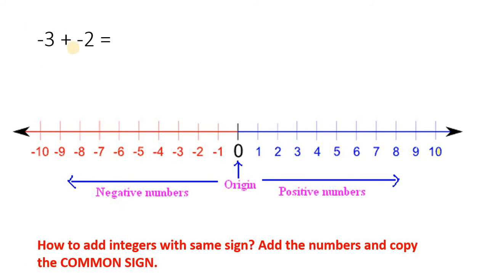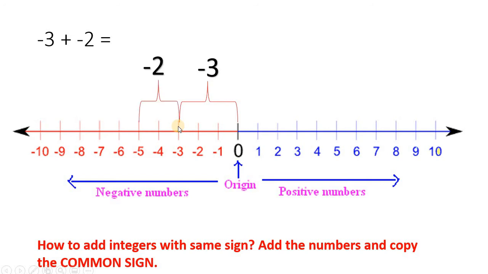Next, how about negative 3 plus negative 2? Again, we'll start at 0. But this time, we go to the left because our integer is negative. Negative 3, plus negative 2. So, we still start at negative 3.